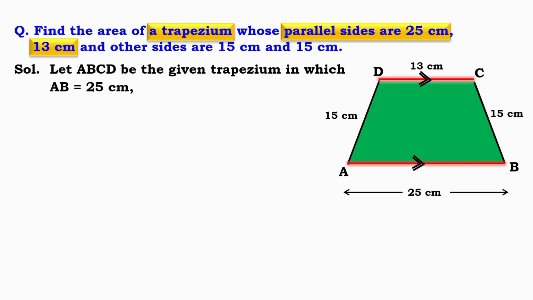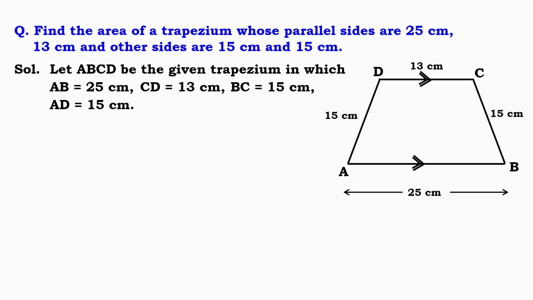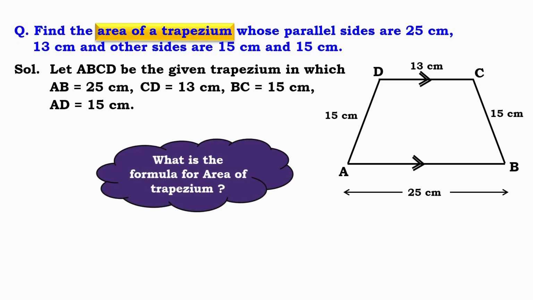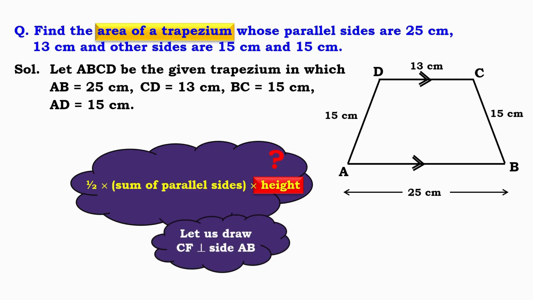Now let ABCD be the given trapezium in which AB equal to 25 cm, CD equal to 13 cm, and BC equal to 15 and AD equal to 15 centimeter. So now what is the formula for the area of trapezium? That is half into sum of the parallel side into height. So here we don't know the height.